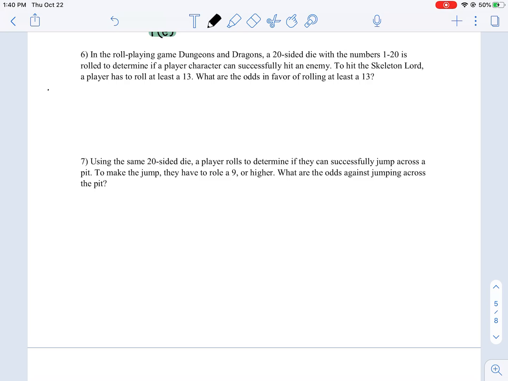Okay, so what I'm going to do is let E be the event, roll at least a 13. So that will be a 13 or more. That means E's complement would be do not roll at least a 13.